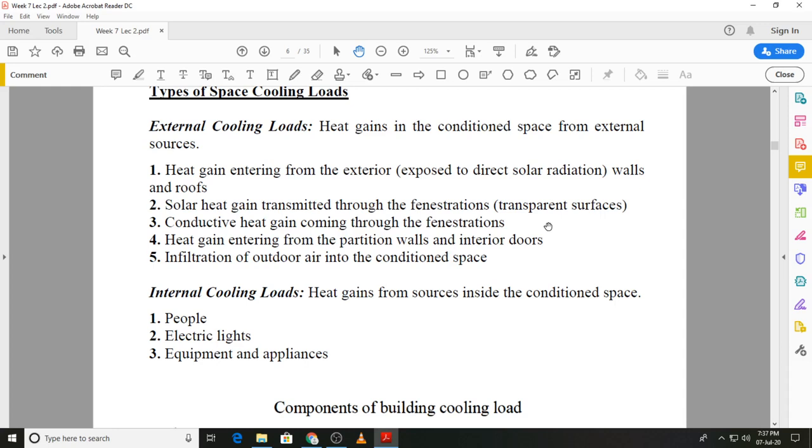It will also have a higher humidity ratio compared to the conditions inside the space, and when that air enters the conditioned space, it causes an additional load in the space, and that load has two components: sensible as well as latent. Sensible because it has a higher dry bulb temperature, and latent because of its higher humidity ratio.